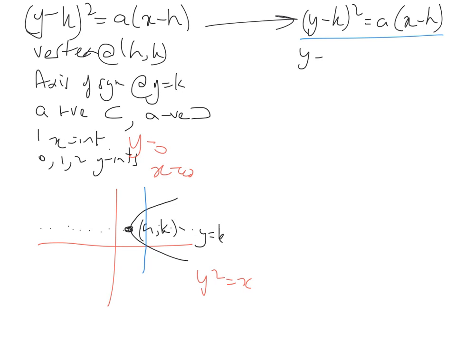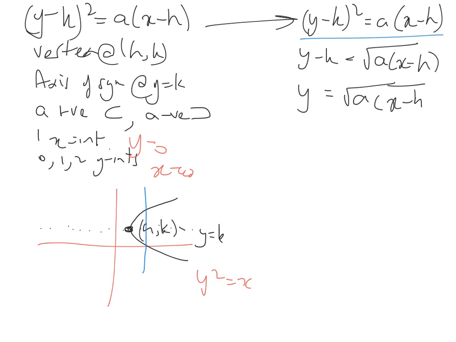So we'll have y minus k equals the square root of a times x minus h, and then from there y will equal the square root of a times x minus h, close that bracket there, plus k.